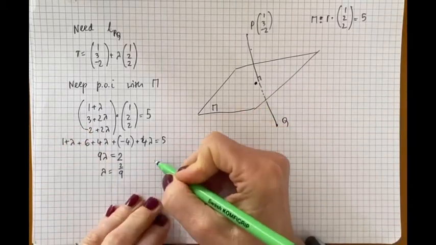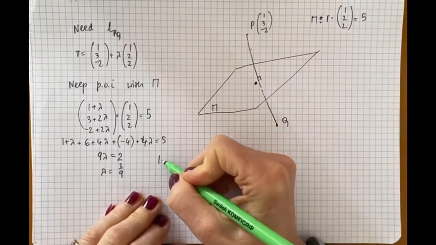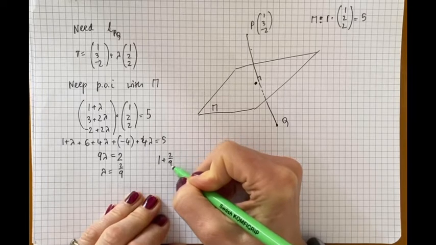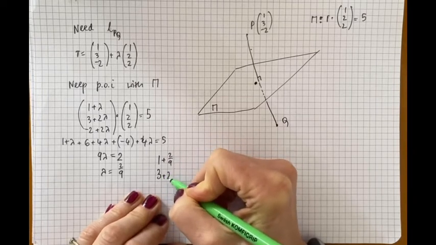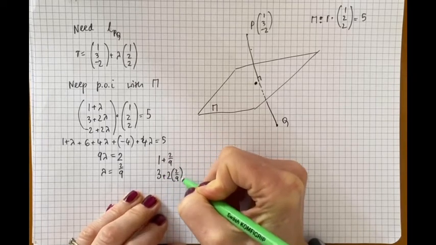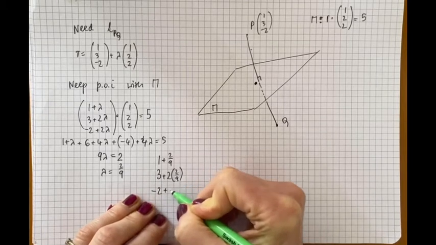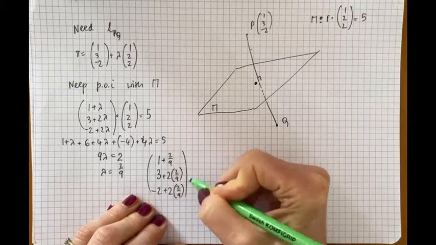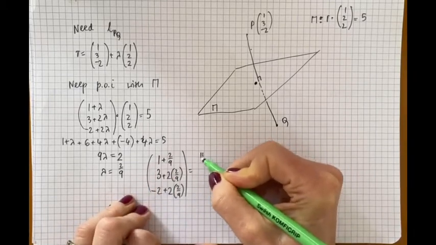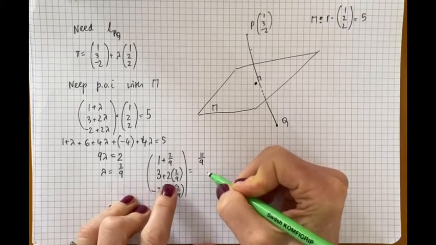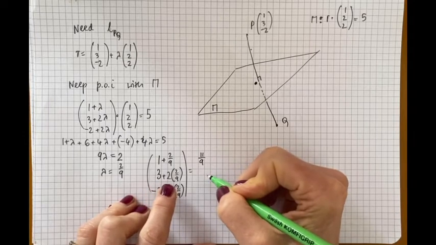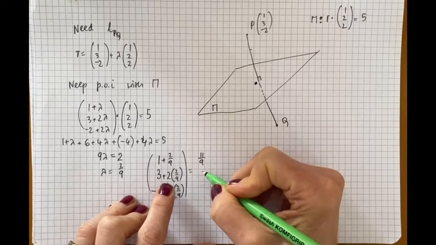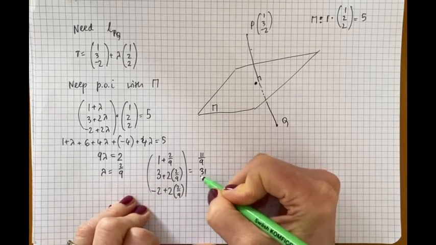So that will be 1 plus 2/9, 3 plus 2 times 2/9, minus 2 plus 2 times 2/9, which is 11/9. This one is going to be 3 times 9, which is 27 plus 4, 31/9.